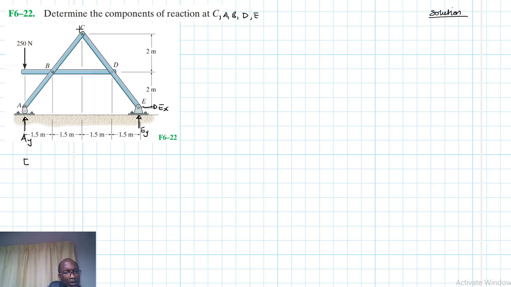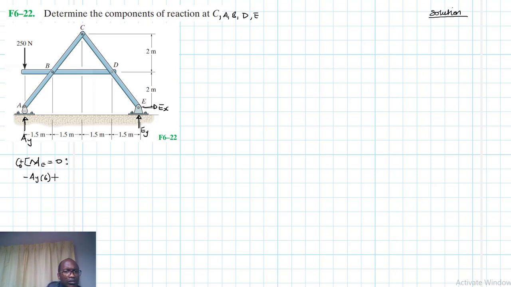We'll say summation of moments about point E equal to 0, and clockwise being our reference. What do we have? We have a clockwise, which is negative AY by 6, right? 1.5 by 4 is 6.